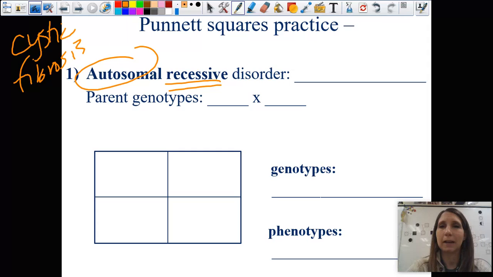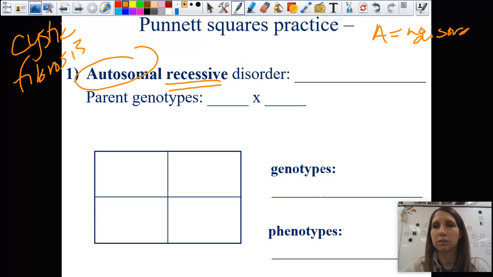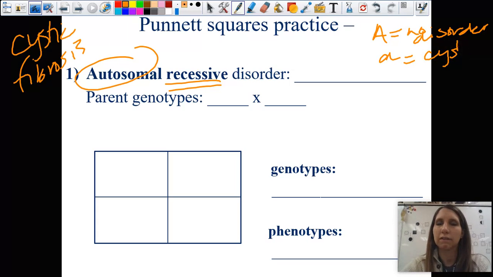So here we're going to say, I'll just use A's for simplicity. So we'll say big A represents normal, unaffected, no disorder. You could put any of those other ones if you'd rather. So unaffected, if you want, would be good. And then little a in this case is going to represent cystic fibrosis, or you could say disorder.